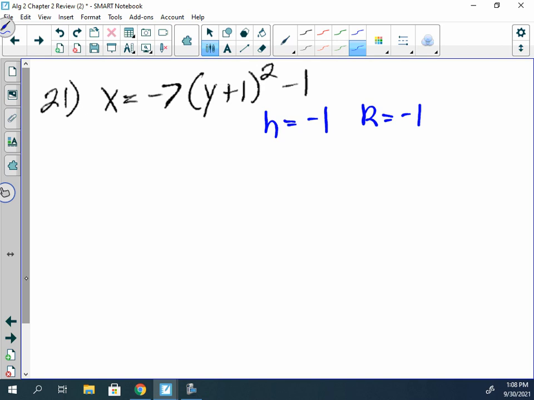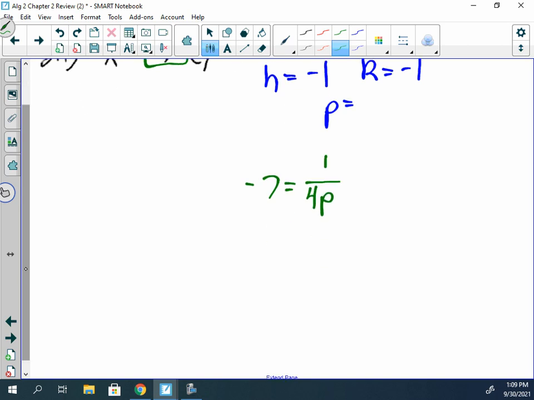-1. For this problem it really didn't matter because they're both -1, so even if we flipped it we would have gotten the same thing, but we do need to be careful. Now we just need to find the value of P. Well, what's in P's place? So we can say -7 is equal to 1 over 4P. What can we do first?